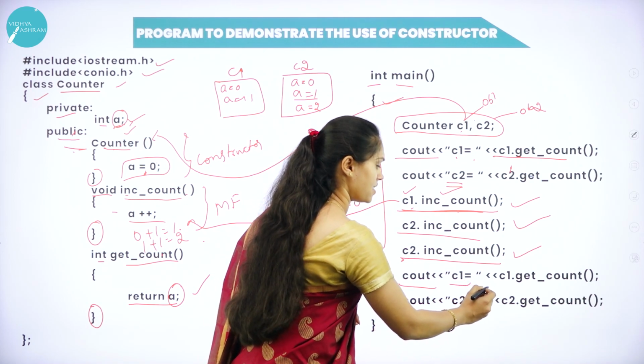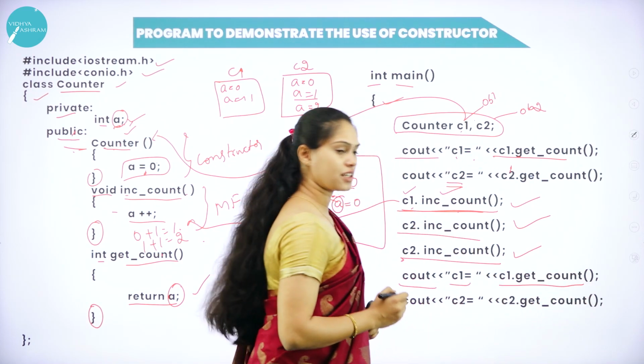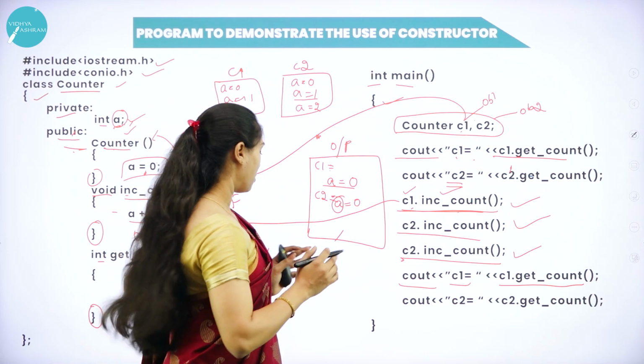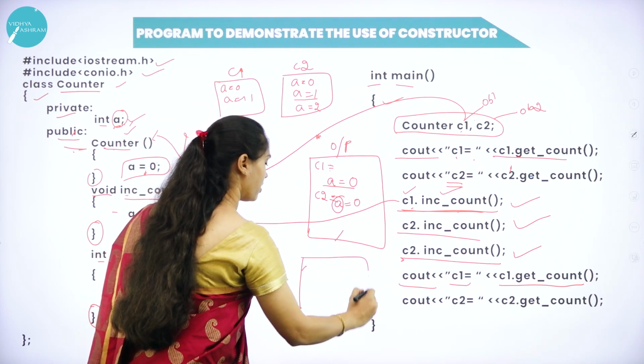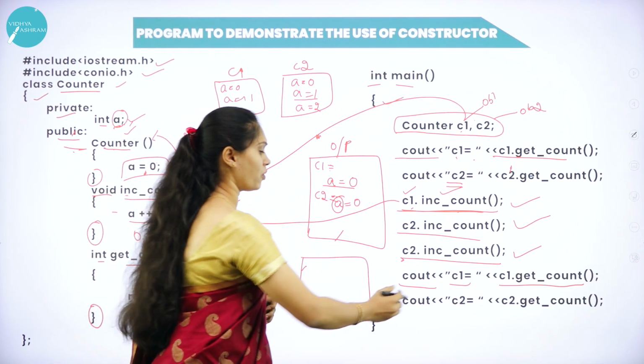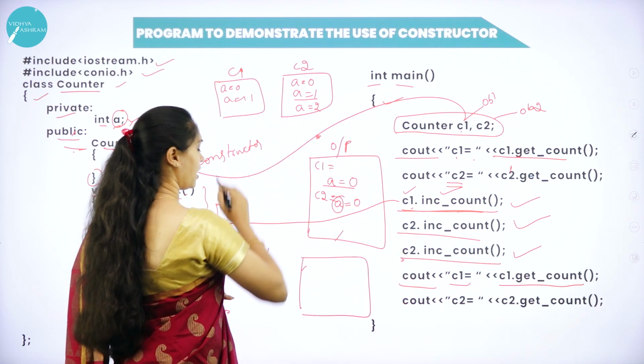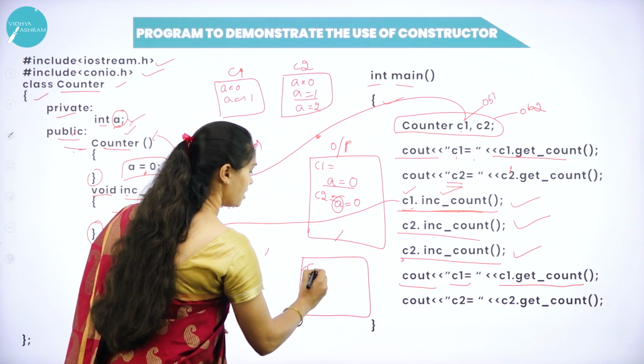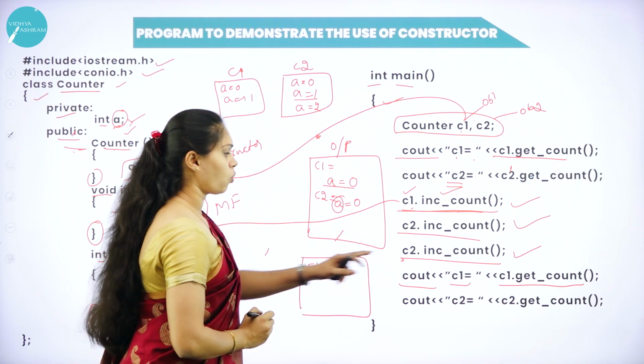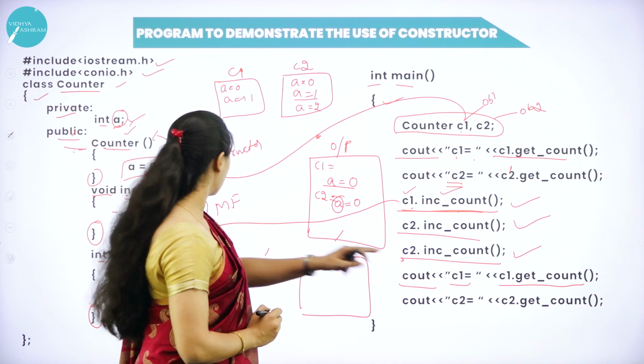See, out C1 is equal to C1.getCount. At last I am displaying the values of C1 and C2. While calling this C1.getCount, what is the value of C1 now? A was 0. So what's there in getCount?